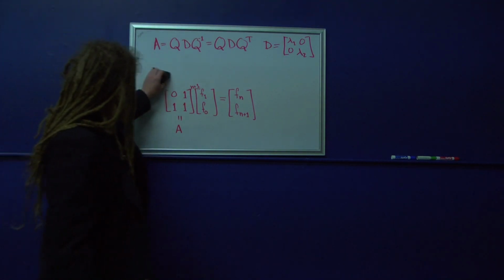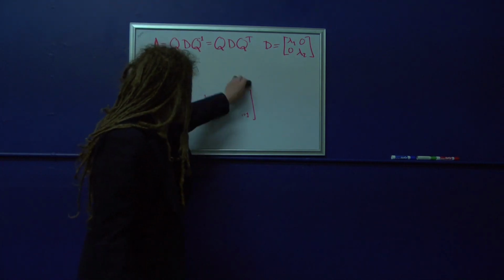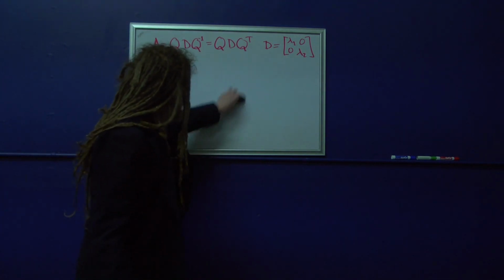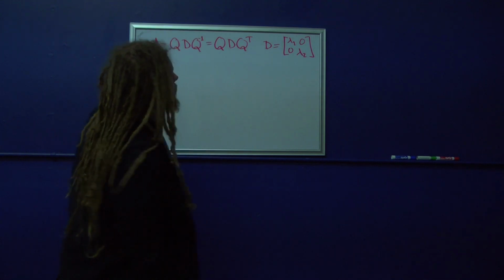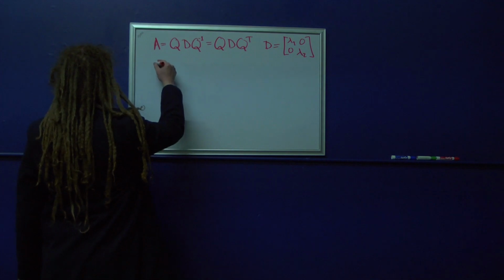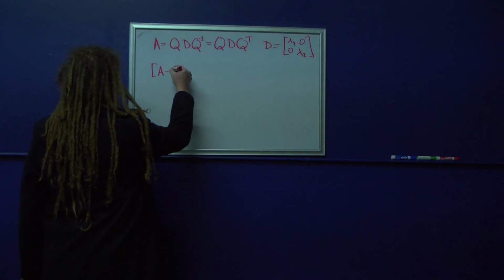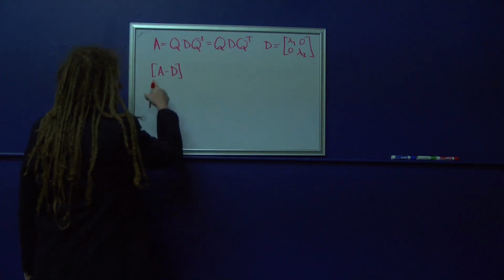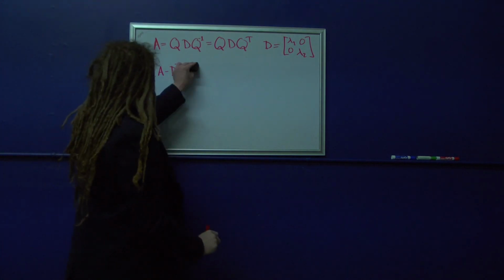So how do we find that? The same way we normally do. We want to make the matrix A minus D. We want to trivialize this.